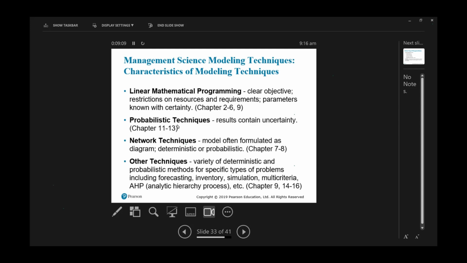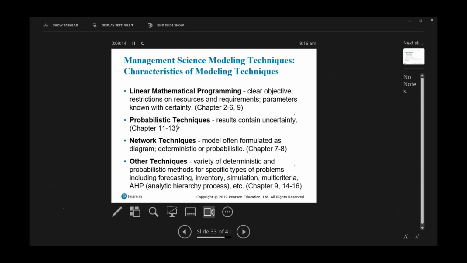Then we have network techniques. And these network techniques are usually formulated in the form of diagram. And the modeling approach can be deterministic or probabilistic. Okay. Then the other techniques also, you look at them, you can also take either a probabilistic approach or a deterministic approach.